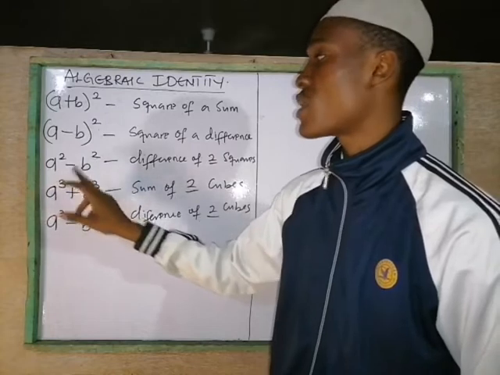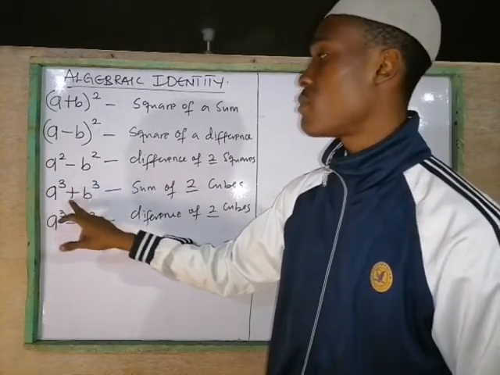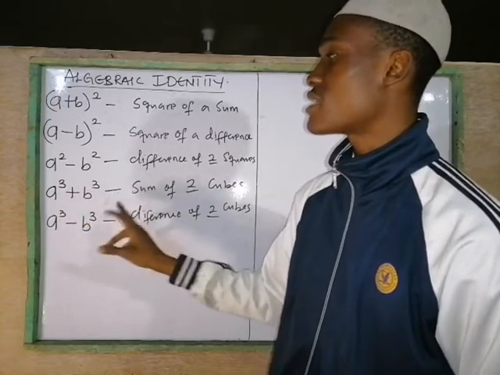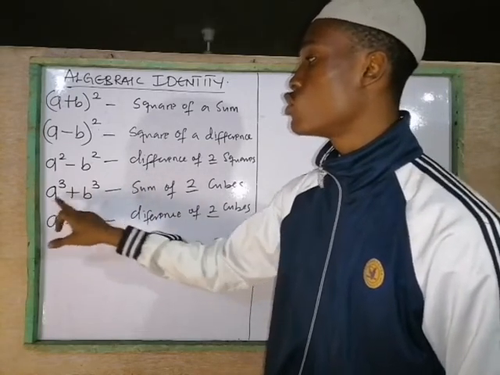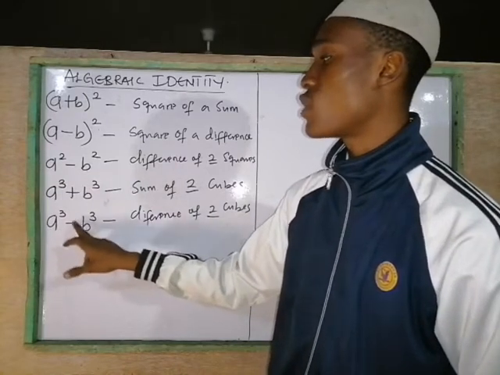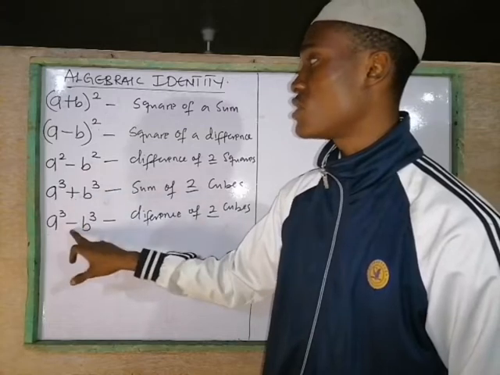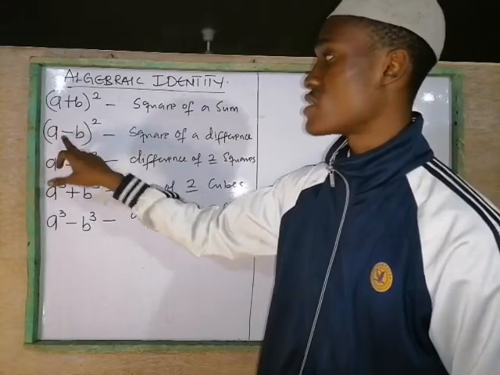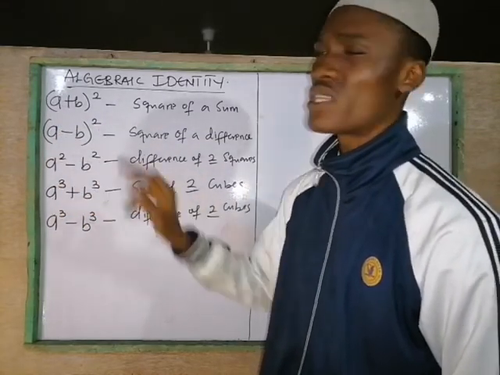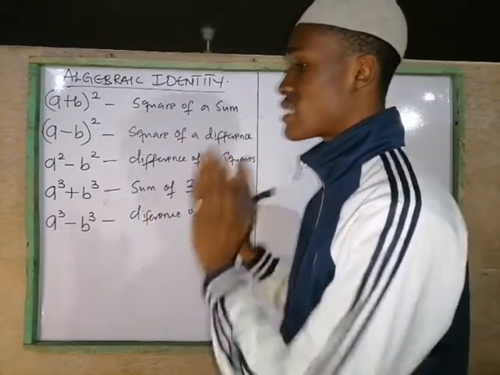This fourth identity, a^3 + b^3, stands for sum of two cubes. And this fifth identity stands for difference of two cubes. You can see sum, difference, then difference of two squares. So that is what these identities stand for.